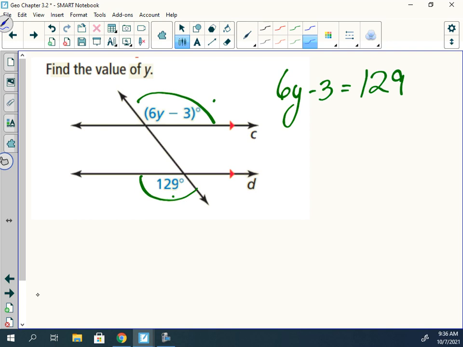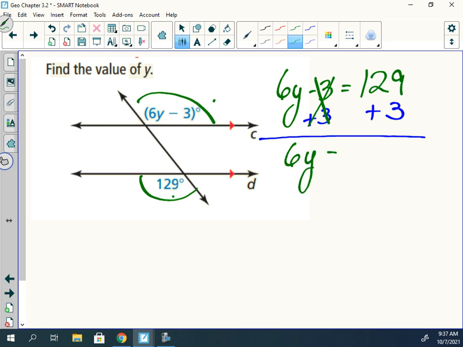Now, we want to solve for y. Well, all the y's are already on the left side, yes? So let's get everything else to the other side. So the first thing we can do here is add 3 to both sides, because negative 3 plus 3 will become 0, which will tell us that 6y is equal to 132. Now we don't have anything else being added or subtracted to y, but we do have a multiplication of 6 because we have 6 times y.